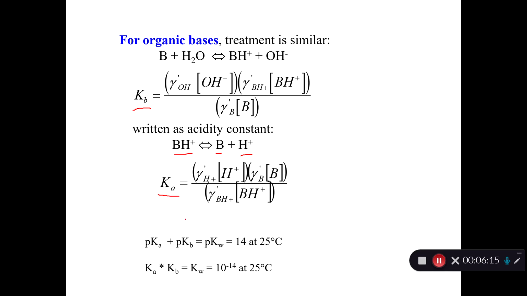So we use the whole idea of pKa regardless of whether we're talking about acids or bases. For acids, when pH is equal to pKa, then the A minus and the HA are equal in concentration. For bases, when pH is equal to pKa, then BH plus is equal to B in concentration.